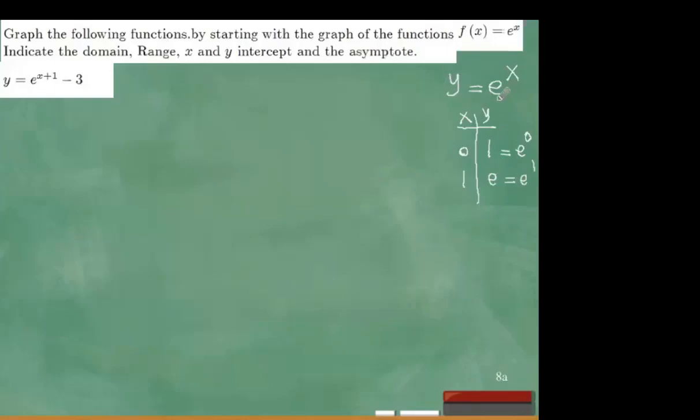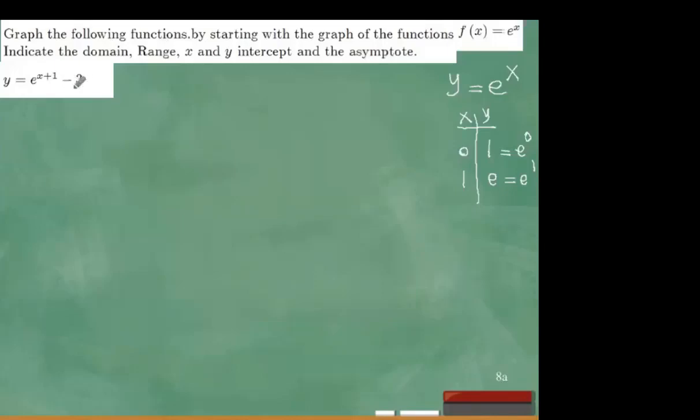Now, once I look at the graph of y is equal to e to the power of x, you notice that my graph would shift 1 unit to which side, right or left? This is like e to the power of x minus minus 1. So minus 1 would be moving to the left 1 unit.